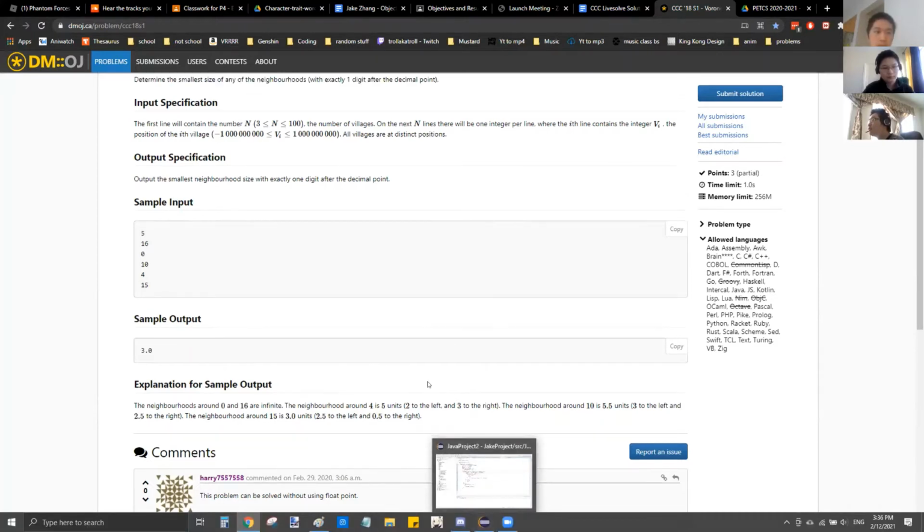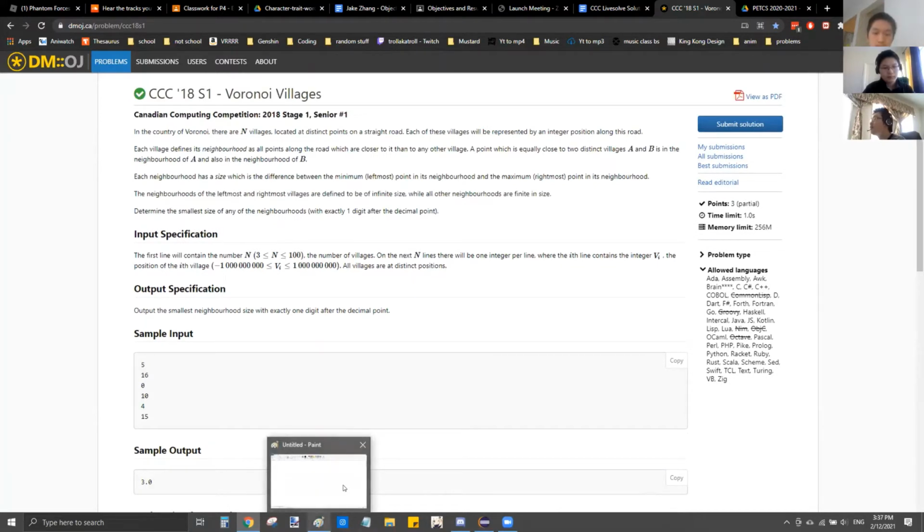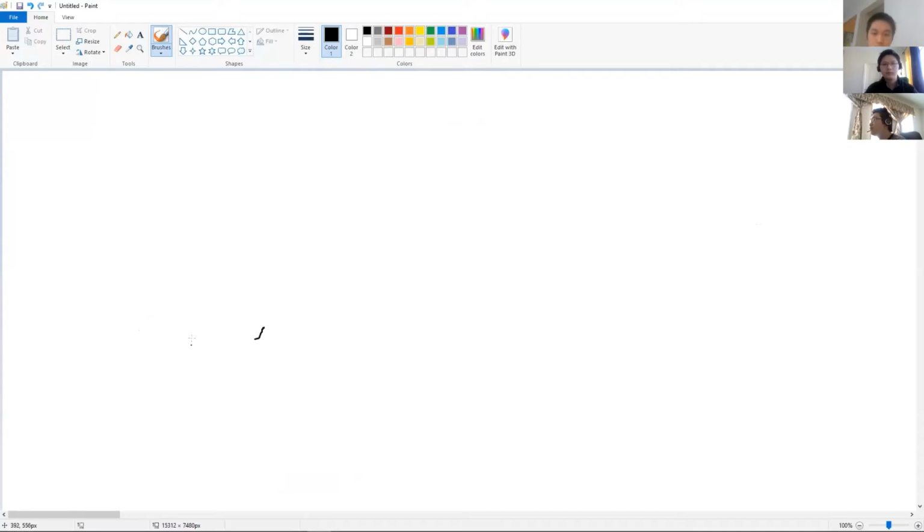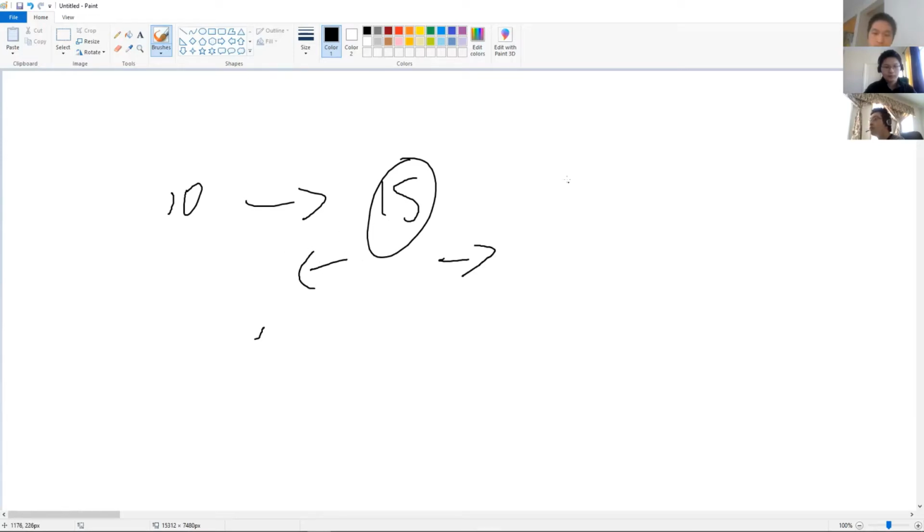And so basically, in this question, to find points between here and here, you take your position and find the leftmost bound and the rightmost bound. So pretend in this test case you have 10, 15, 16.